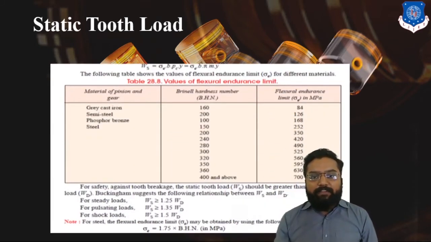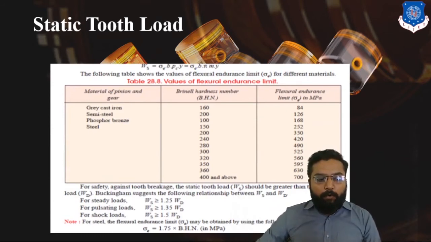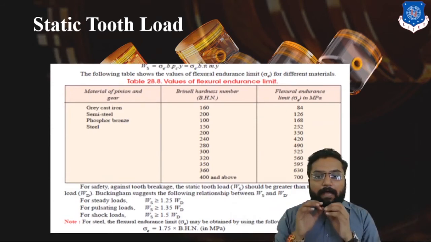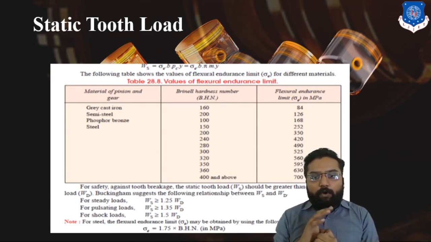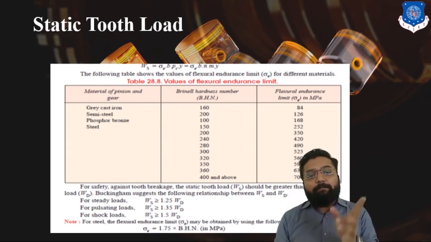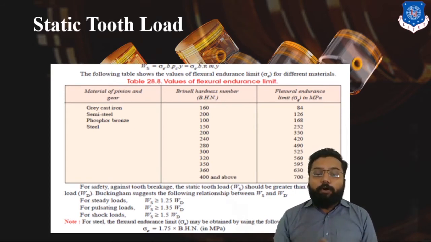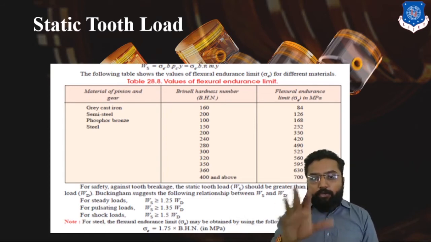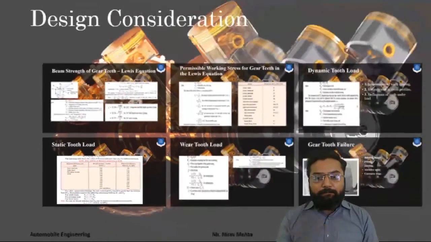Here you can see the equation: static load WS equals sigma E into B into PC into Y, where B is breadth and PC is the circular pitch, which you can also say is pi into m in terms of module. Module is circular pitch divided by pi, so ultimately PC will be module into pi. Clear? So you can put it like that.